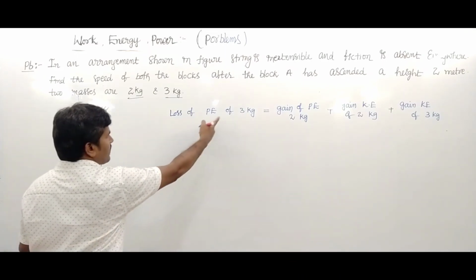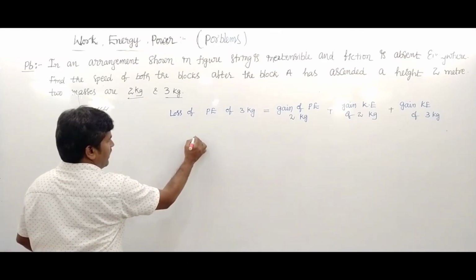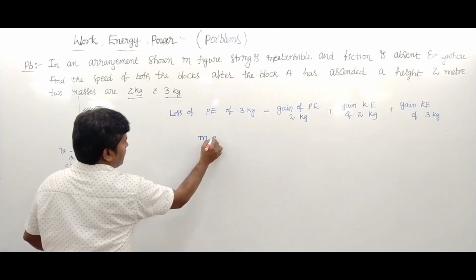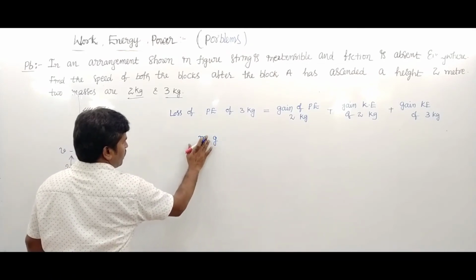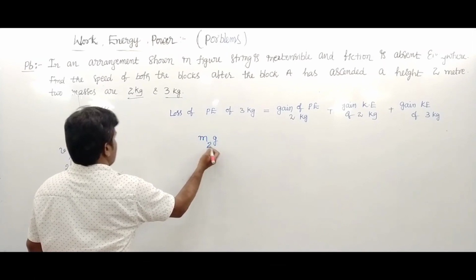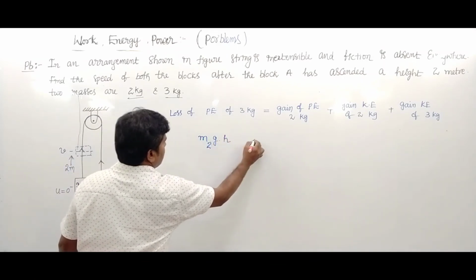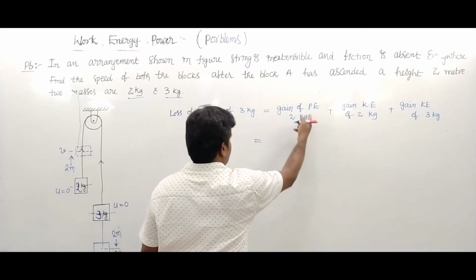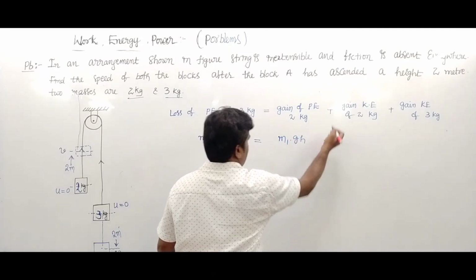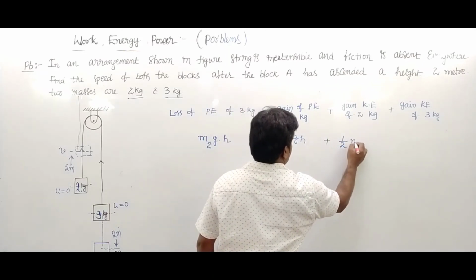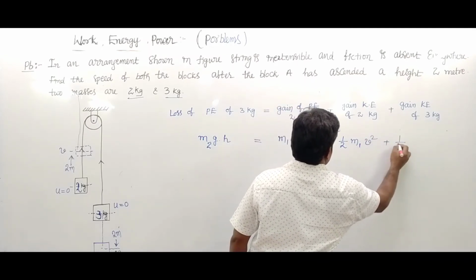How much potential energy is lost? That is written as mgh. For the second mass, m2, times g times 2 meters down, equals the 2 kg moving up, m1 g h, plus half m v² for the first body, which gets some kinetic energy, and the same for the second body.